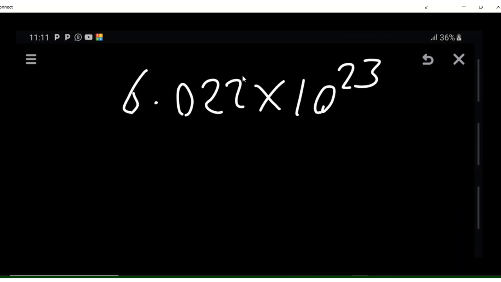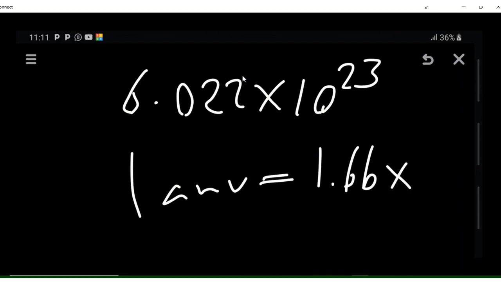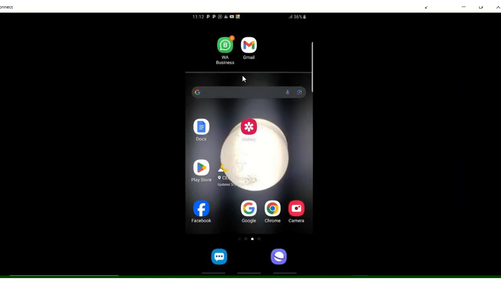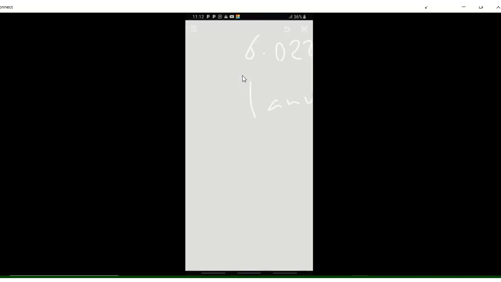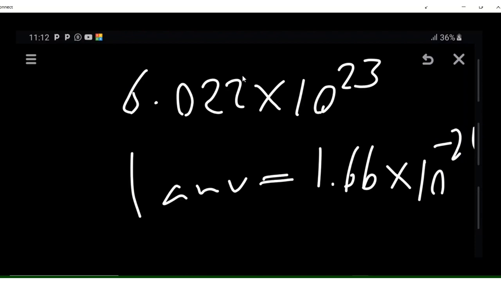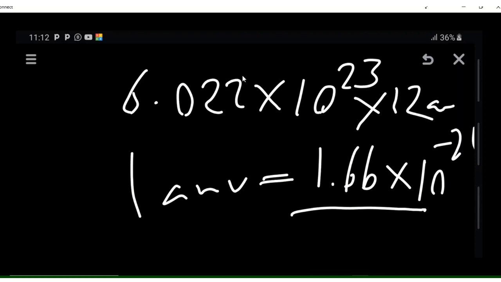Previously we said an atom is measured in atomic mass units, and 1 atomic mass unit is equal to 1.66 exponent negative 24 grams. So you multiply Avogadro's constant by 12 AMU, then multiply what you found by this one, and you find exactly 12 grams.